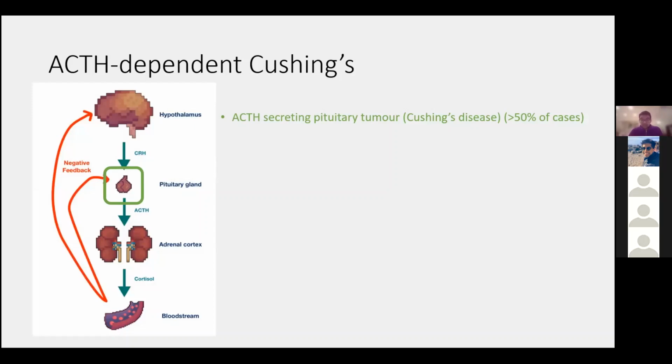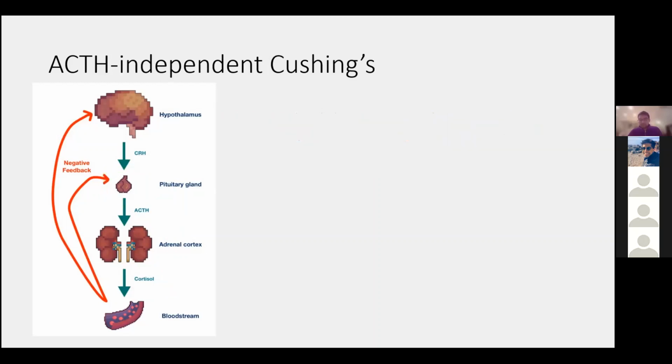And this is the most common cause, so over 50% of cases are due to pituitary tumors. It can be due to an ectopic source of ACTH, so small cell lung carcinomas can cause ectopic ACTH secretion, and these would both increase ACTH and therefore increase your cortisol production by your adrenal gland.